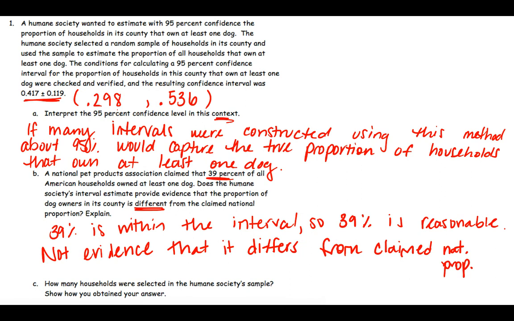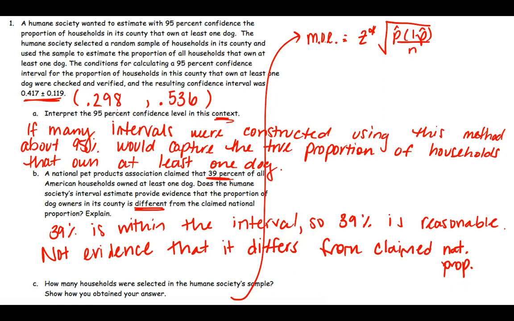And then finally, to figure out how many households were in the Humane Society's sample, I can use my margin of error to figure that out because I know that my margin of error is equal to the critical value z star times the square root of p hat times 1 minus p hat over n.